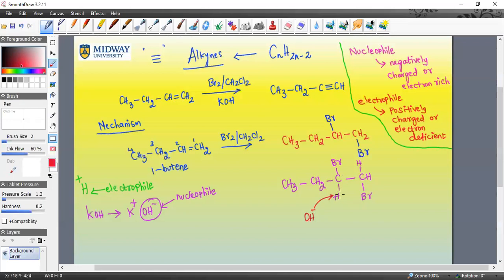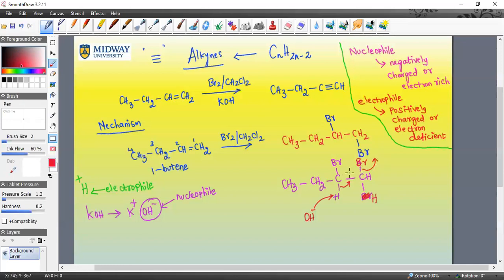That means the bond here is going to, actually, I'm going to write the Br here. Hang on a second. I'm going to write the Br here and the hydrogen here, so it's easier to see. It really doesn't matter if you write on the top or the bottom. So I'm going to write it this way. So the Br comes out.